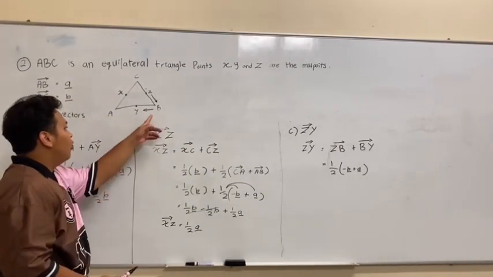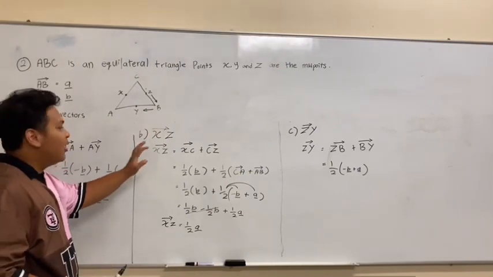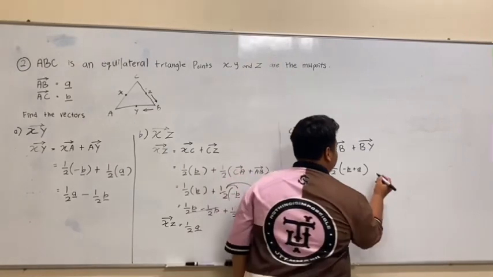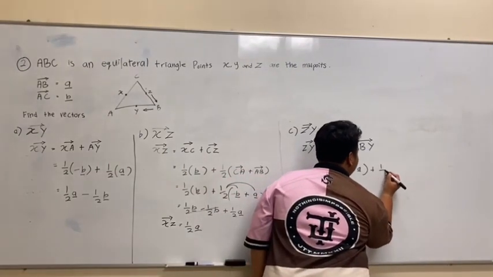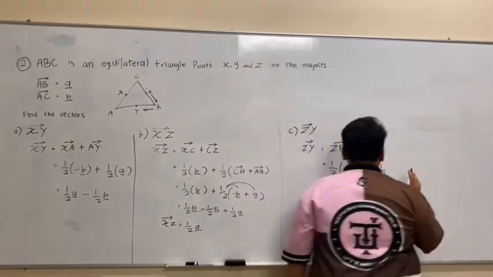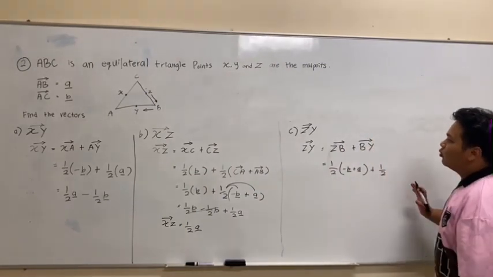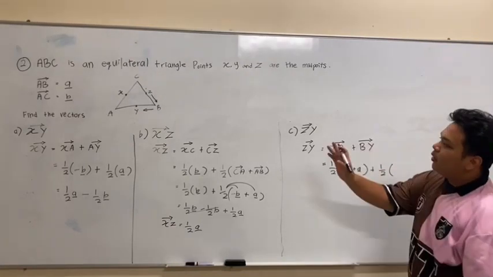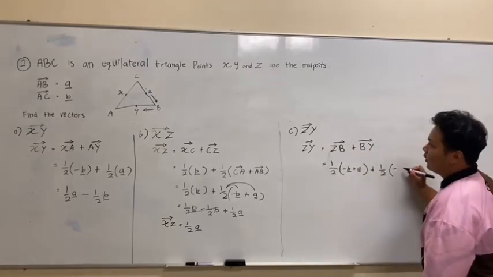So we plus 1 over 2 times negative A, since B to A must be negative A.